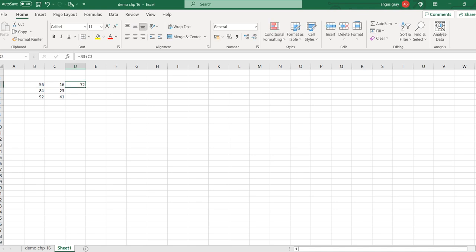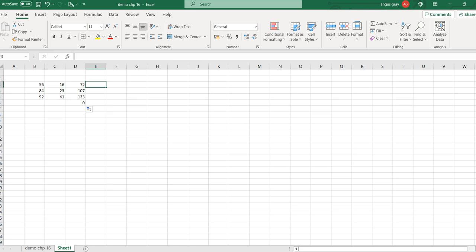And I'm going to again autofill, click, pull down. You'll see that in each one it took these two cells because it recognized the pattern. If I said B3 plus C4 for this answer, then the next one would go B4 plus C5, because it would recognize the pattern going across like that, for example.